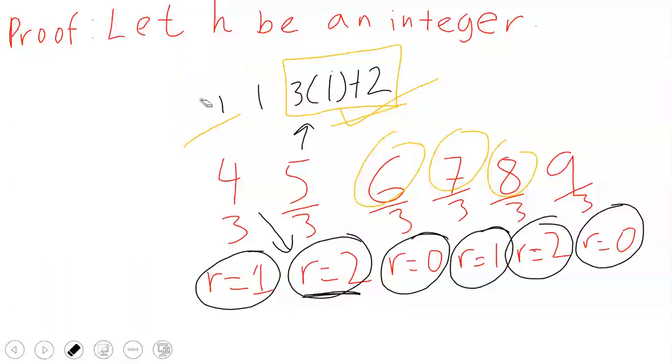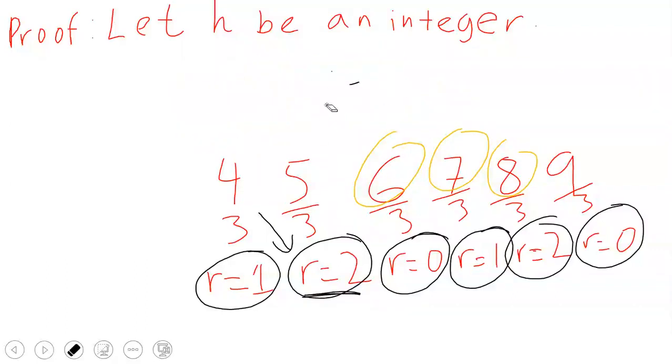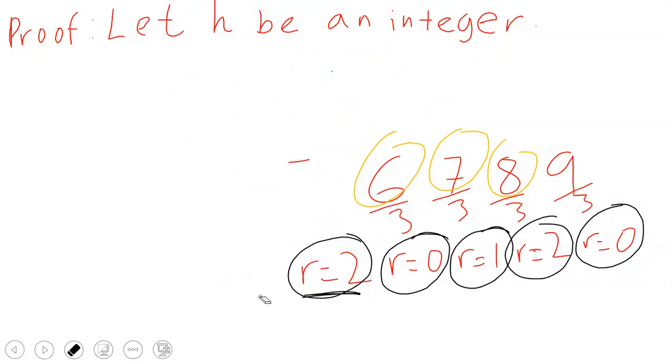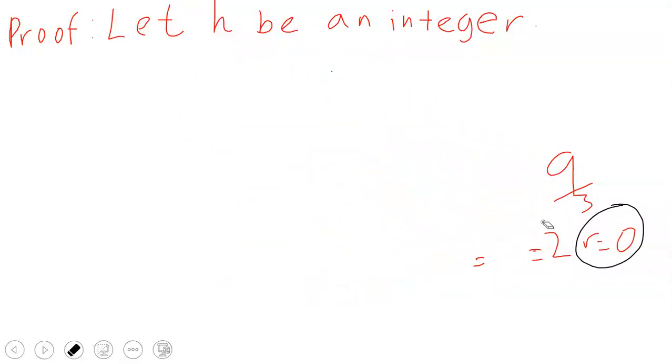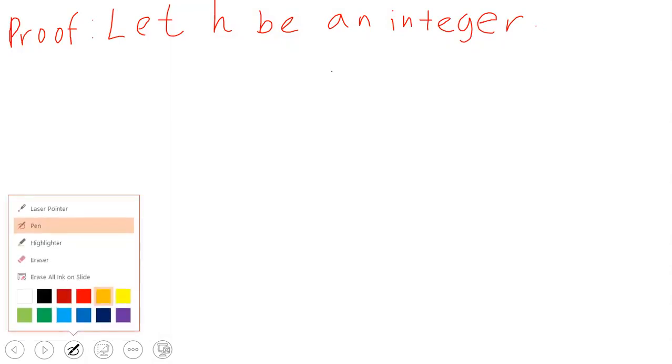Remember we said that h is any arbitrary integer. You can think of it as a bag full of integers, and you close your eyes and pull out any integer from there. What could you say about that integer, h? Remember, your eyes are closed.